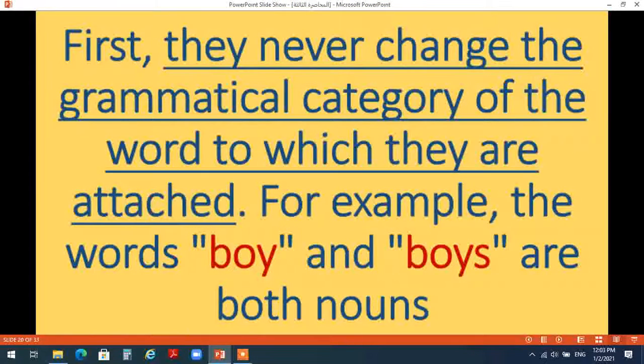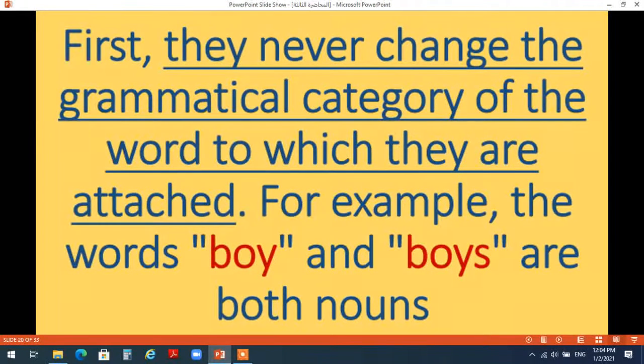First, the first characteristic: they never change the grammatical category of the word to which they are attached. So the first characteristic of inflectional suffixes in English is that they don't change the category of the word, or the part of speech of the word. For example, we have the word boy.